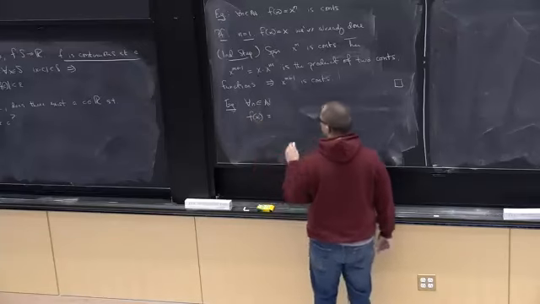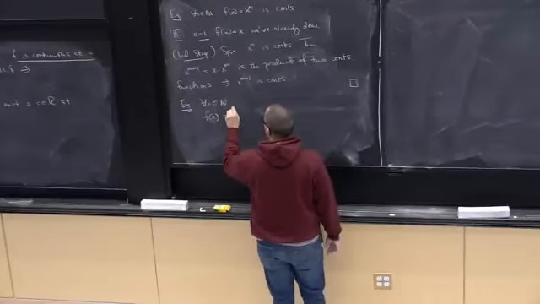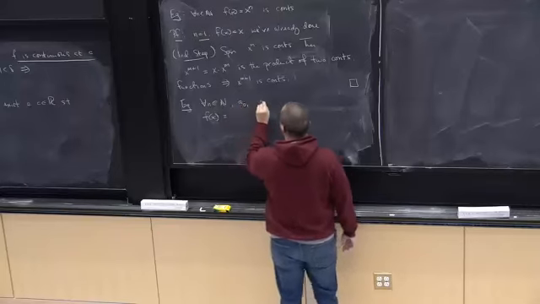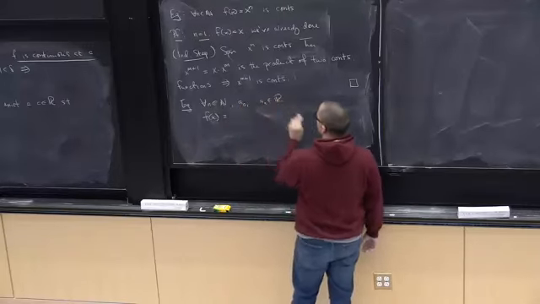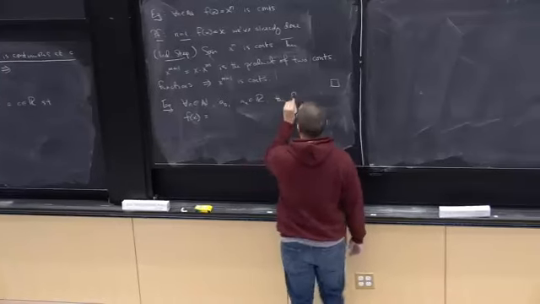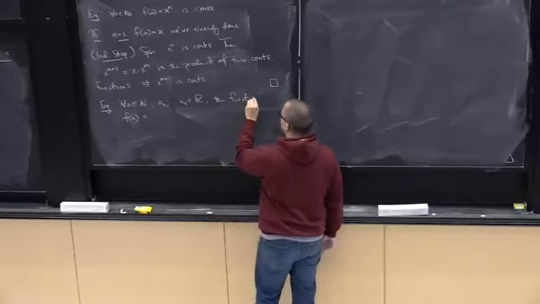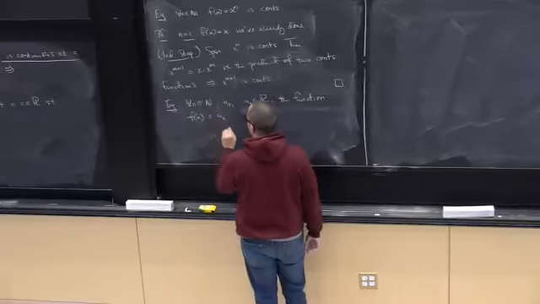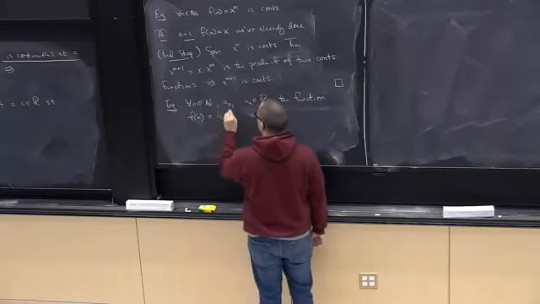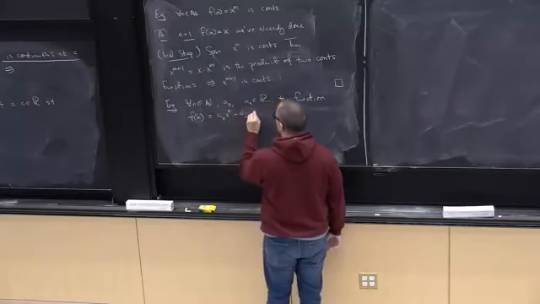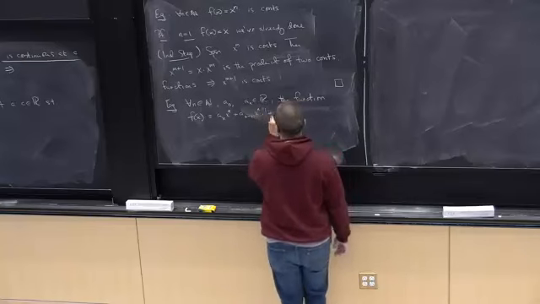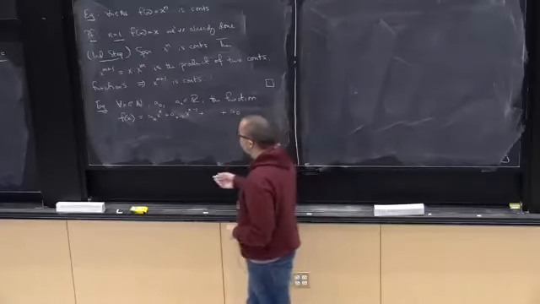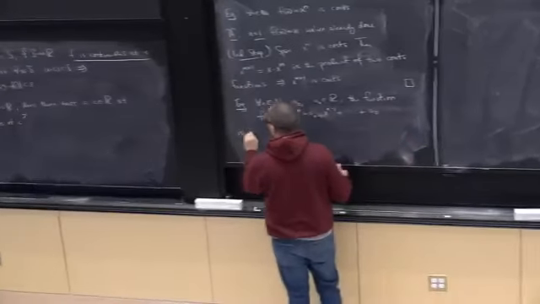polynomials are continuous. For all n a natural number, and a_0 through a_n in R, the function given by the polynomial a_n x to the n plus a_(n-1) x to the n minus 1 plus ... plus a_0 is continuous.